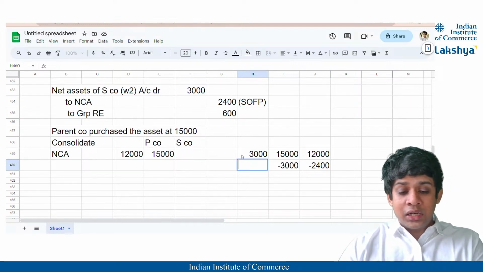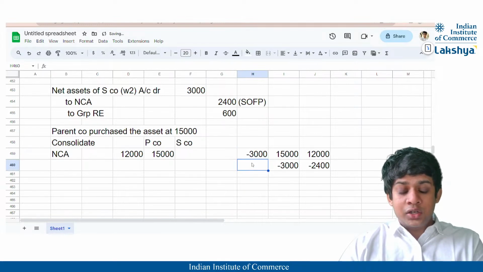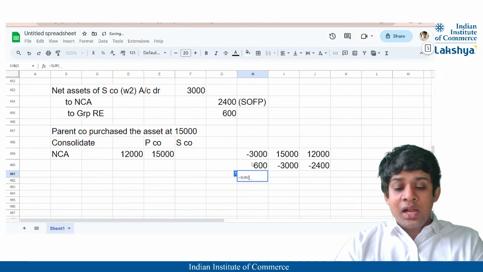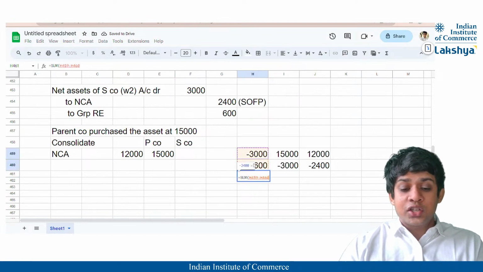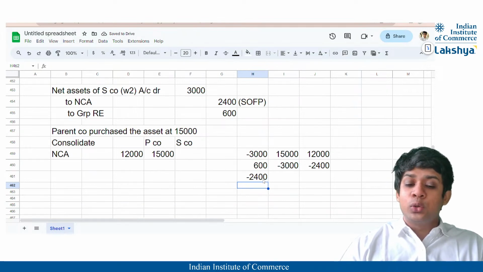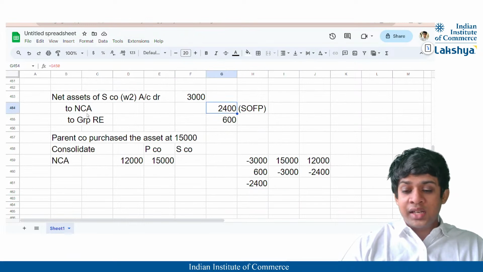So the complete reduction, I'll just state as a negative value. So 3,000 is a reduction and 600 is added back to the non-current assets, and thus the net reduction in the non-current asset that we are supposed to provide is 2,400, right? That is the reason why this 2,400 is stated.